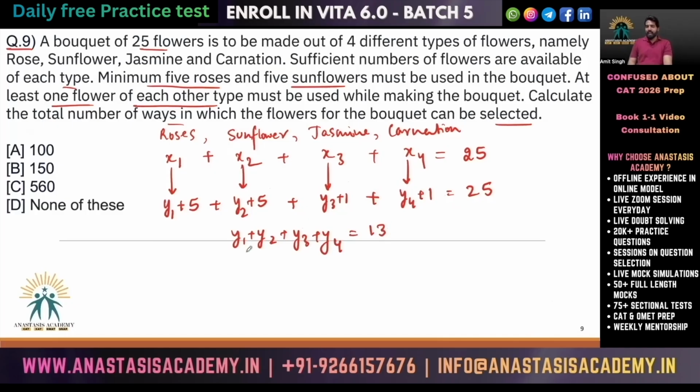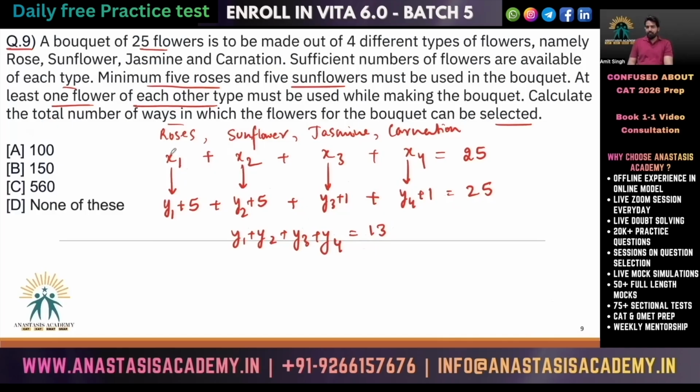Now we have a linear equation, that is y1 plus y2 plus y3 plus y4 is equal to 13, and I need to find the integral solutions to this equation, or to be precise, the whole number solutions. Why this manipulation?